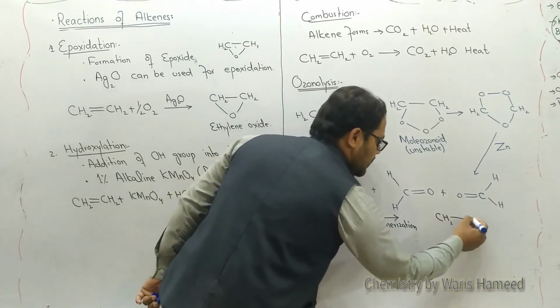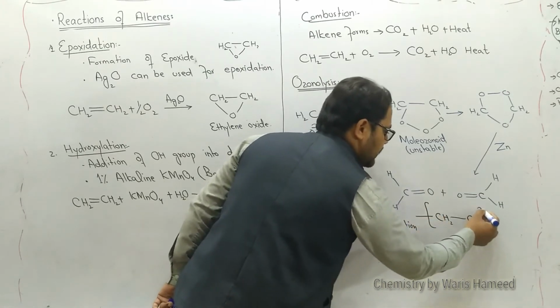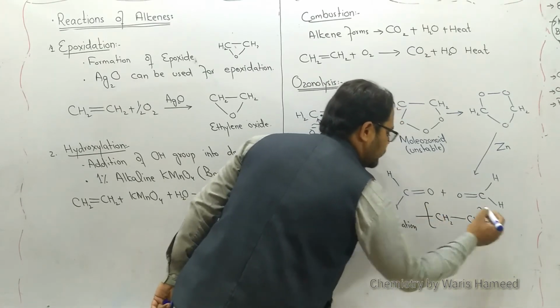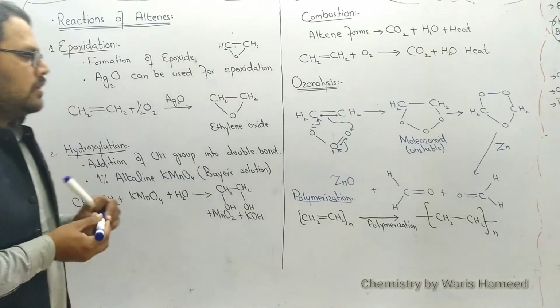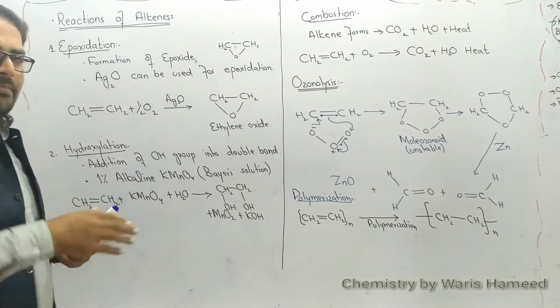CH2 single bond CH2, here is the bond extension and n number of units. How does it form polyethylene? Let's come to some mechanism.